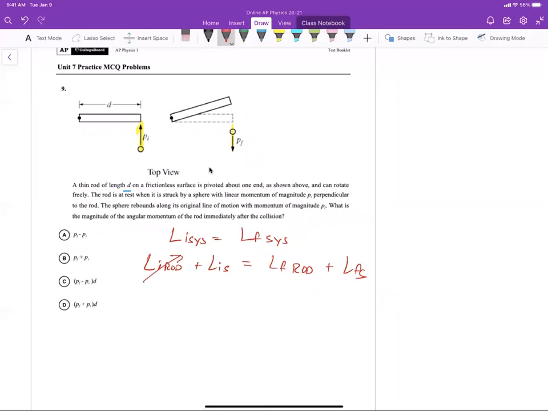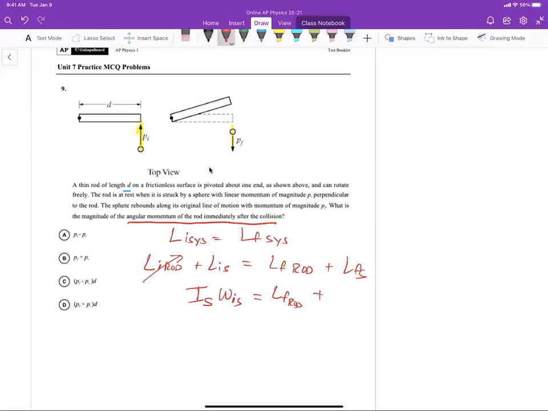The angular momentum of the sphere is its moment of inertia, or rotational inertia, times its initial angular velocity. And they wanted to know the angular momentum of the rod after the collision, so we'll just leave that as L final of the rod, because that's what we're looking for.